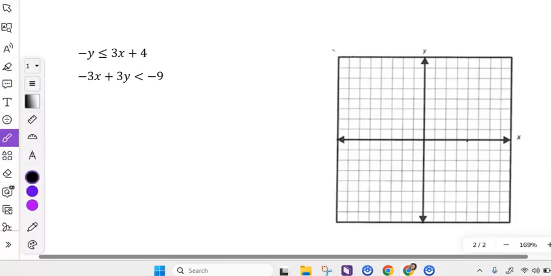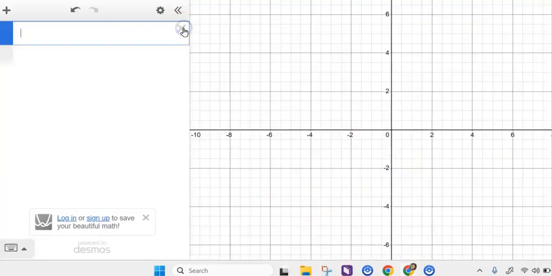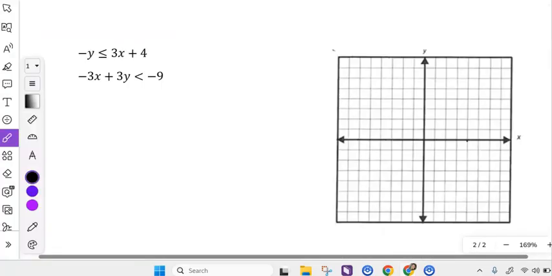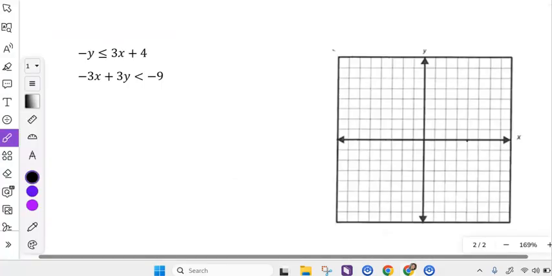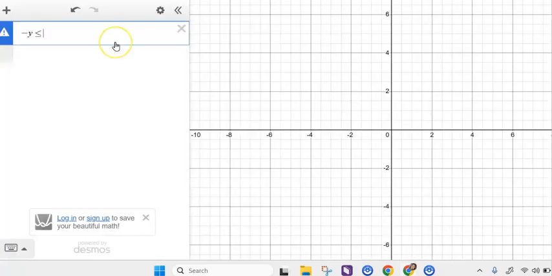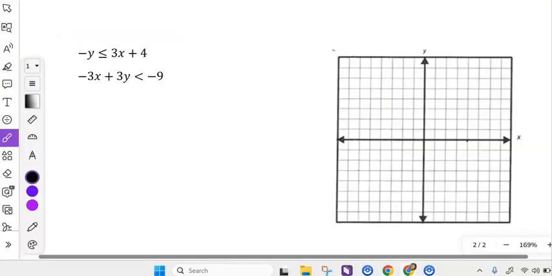So let's again just graph this. I'm going to go back to my Desmos. I'm going to get rid of these. I have negative y is less than or equal to 3x plus 4. So then it's at 0, negative 4, and about negative 1.30.